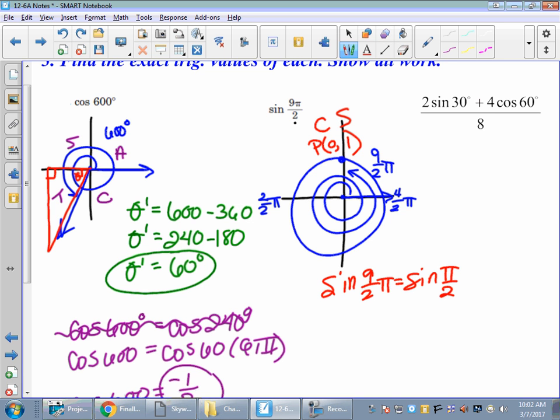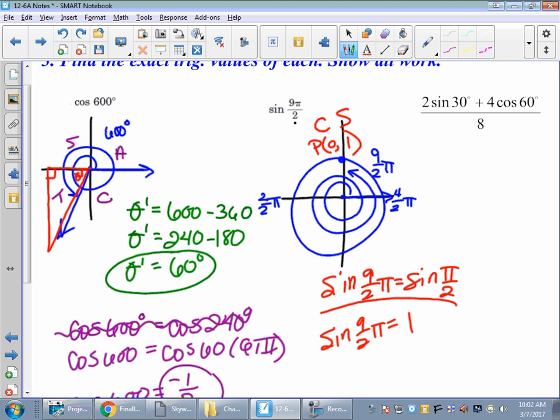I don't need to know what quadrant it is in because we don't have a quadrant. And so the sine of 9/2 pi is equal to 1. With the quadrantals, after you draw the picture, there isn't as much work as the others. There's no theta prime. You deal with a point on the unit circle. The only comment you have to make is that you know that it relates to the 90-degree quadrantal and not 270 or 360 or 180.